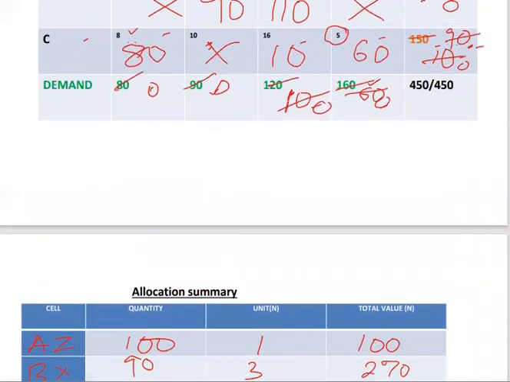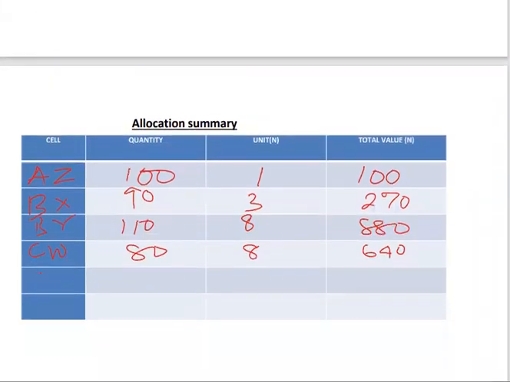CY. What is CY? CY is 10 times 16. 10 and 16 is 160. Then what is that? 60 and 5. That gives us 300.